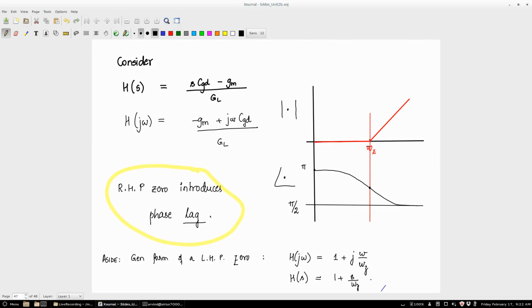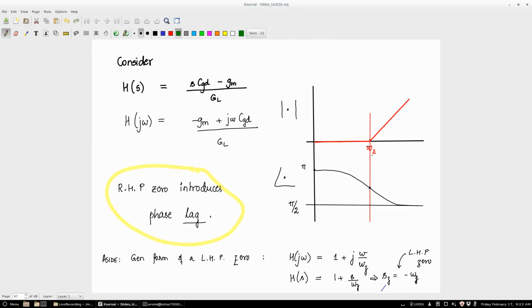This will have a zero on the left half plane, right? Because in the corresponding H of s, what would H of s look like? 1 plus s by omega z, right? So the zero, I'll call that sz, is at minus omega z. So this is a left half plane zero.